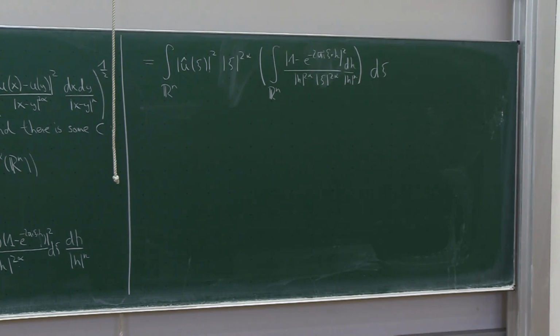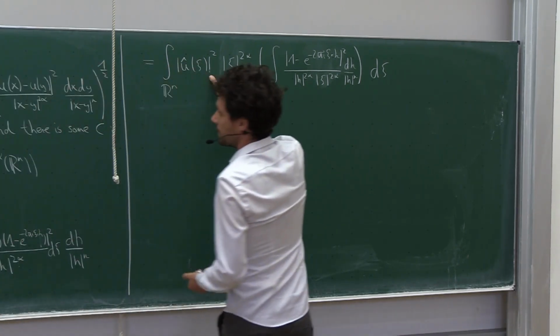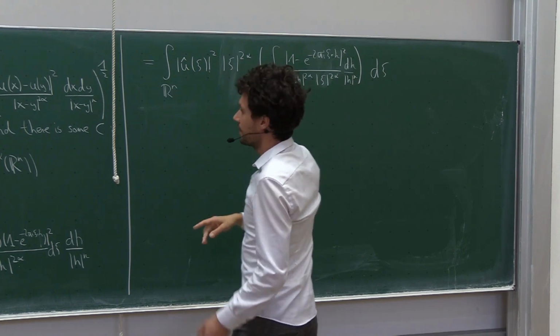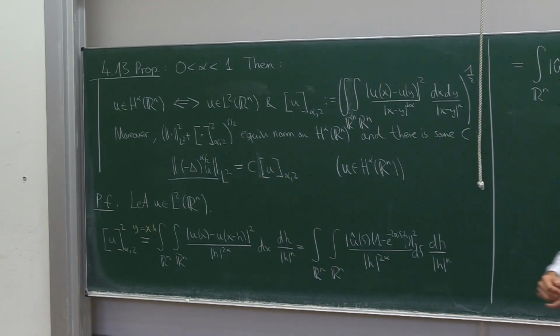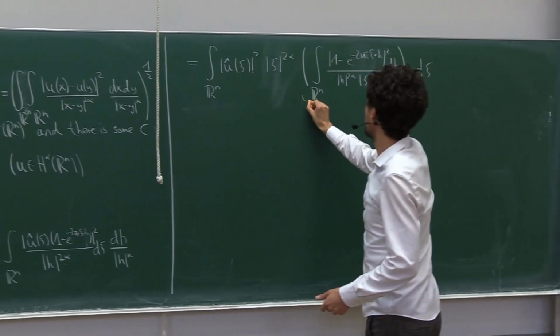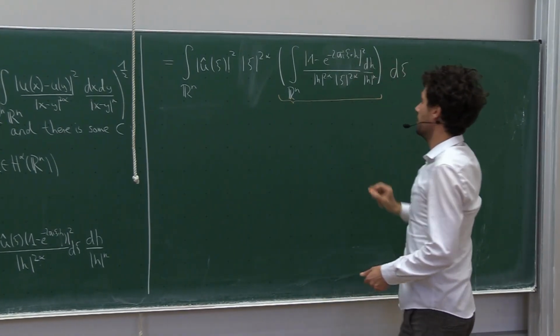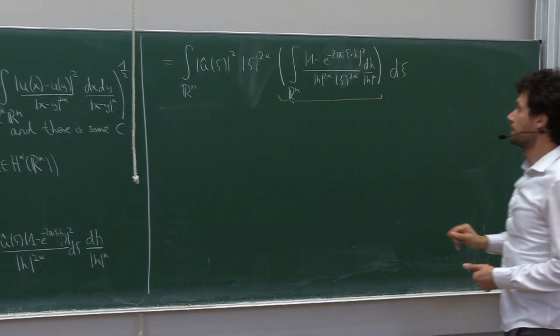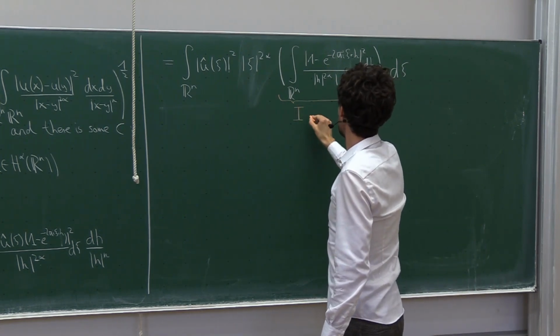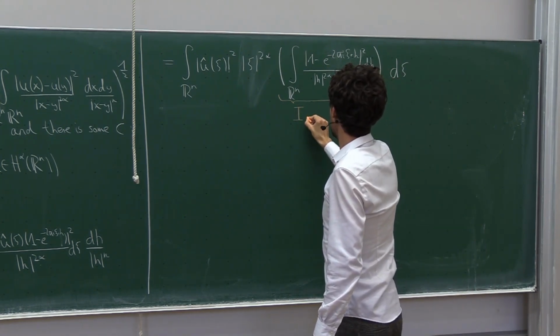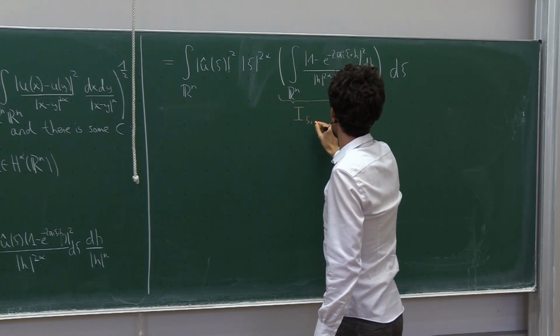Okay, and now there's not much choice that I have left. You see, I have to produce this constant over there. So I have to make this guy here a constant. So I call this I of psi and h.